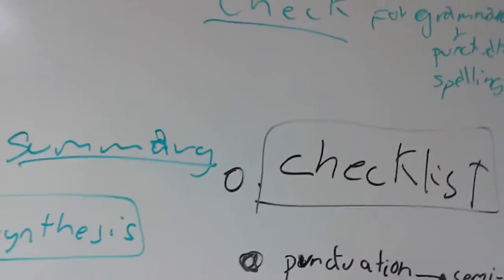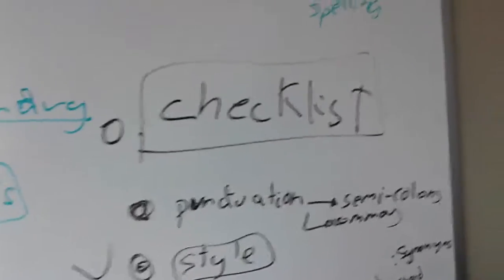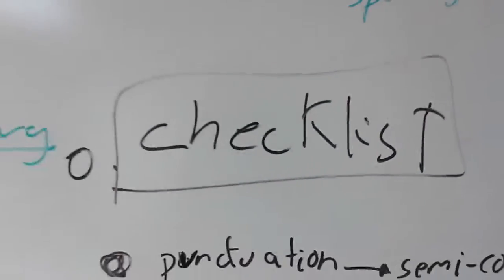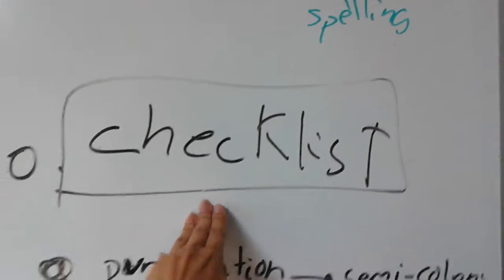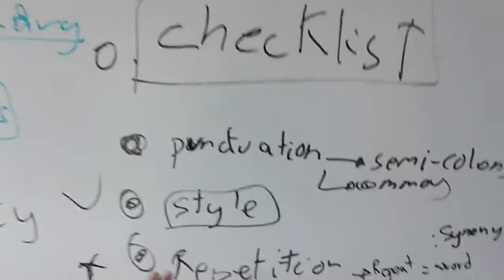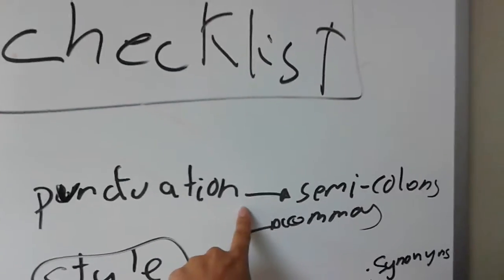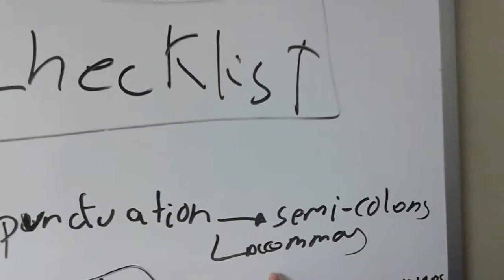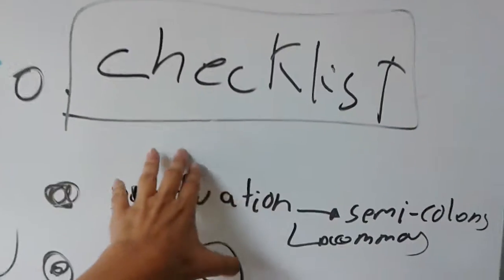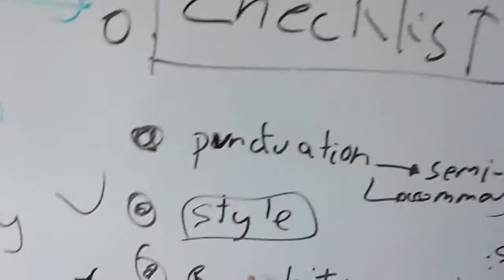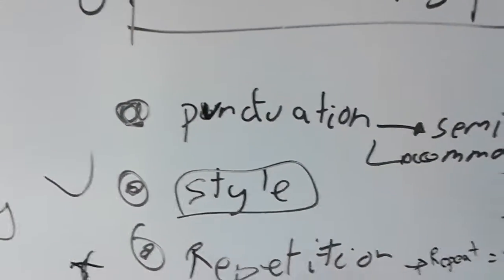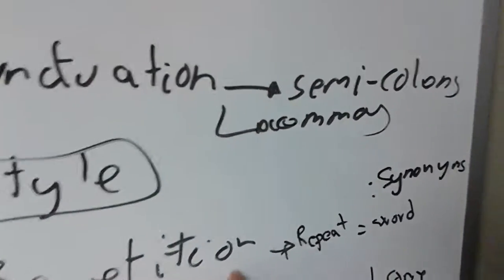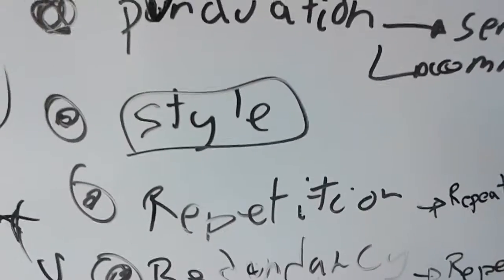So what I'm recommending you to do is to write your own personal checklist of major errors that you make, mistakes that you make. For instance, it can be related to punctuation, semicolons, commas. Avoid any type of fragments or run-ons. About the style, how to enhance your style later. Repetition versus redundancy.